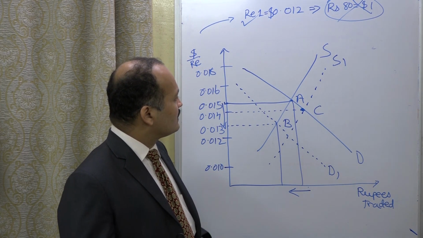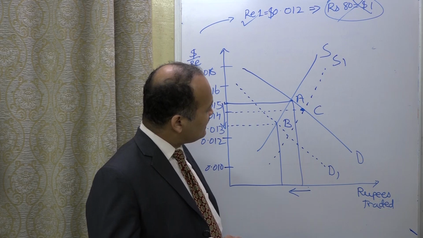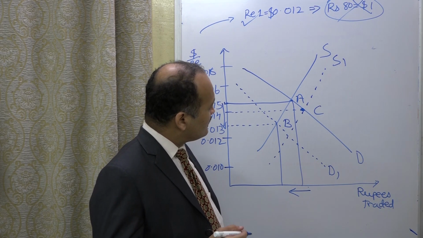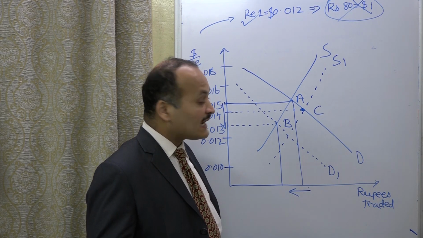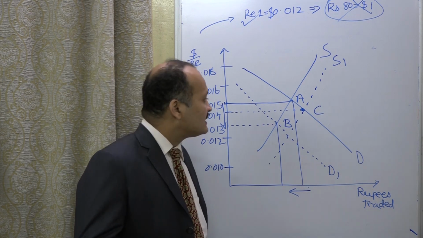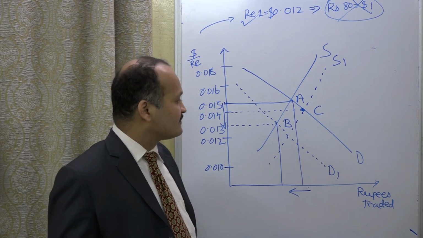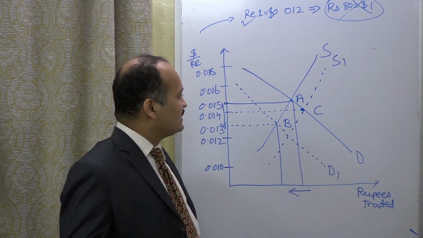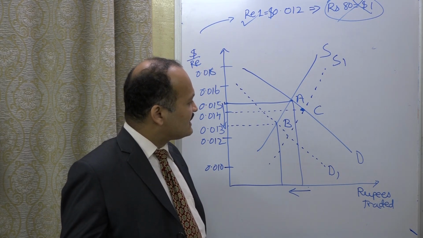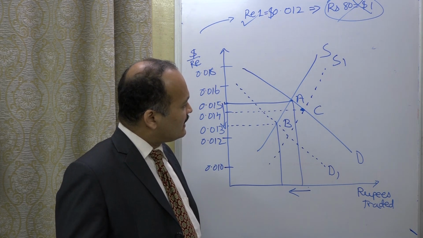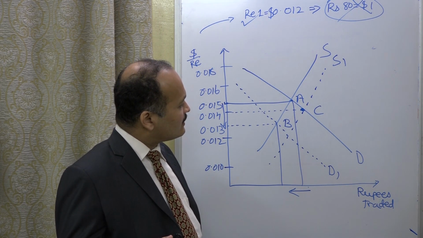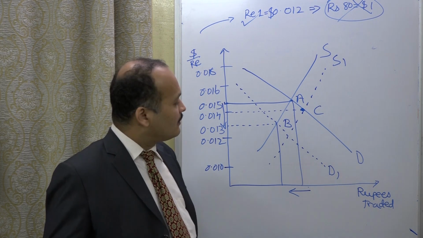Now we will consider a scenario where the RBI is pursuing a tight monetary policy. What is it leading to? A fall in the money supply, so naturally less money is available in the economy, and that is reflected in, say, the cost of money going higher.